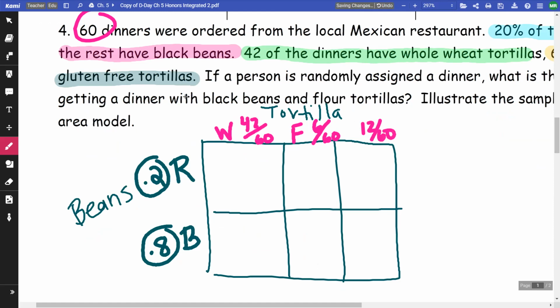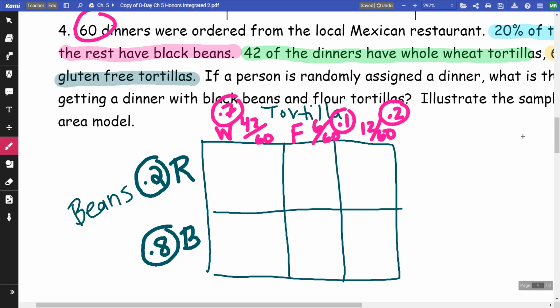And if I change these to decimals, 42 out of 60 is really a 0.7. 6 out of 60 is going to be a 0.1. 12 out of 60 is going to be a 0.2. Okay. And you always want to make sure that these add to 1, which they do, and these add to 1, which they do.